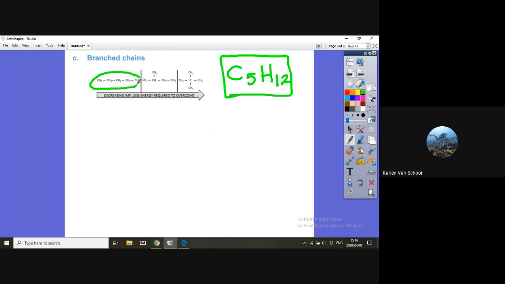But if you look at this one, there's a big surface area. This one has basically come in to that position and it's got a smaller surface area. It's almost like a ball having less surface area than a square. And then this one has the least amount of surface area. So again, these are weak London forces. For all three of those molecules, you're going to have London intermolecular forces.